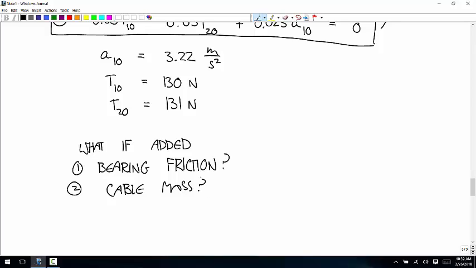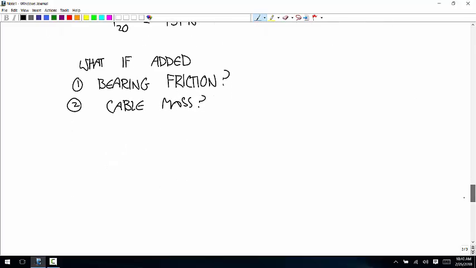The bearing friction would just be added on as a couple, so difficulty-wise, that doesn't change anything. The cable mass, the only thing that would change is you'd have to account for the mass per length of the cable.